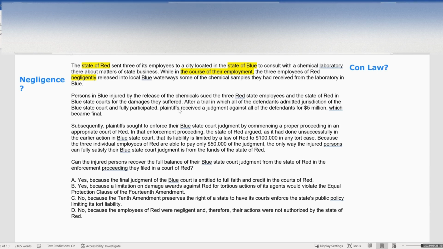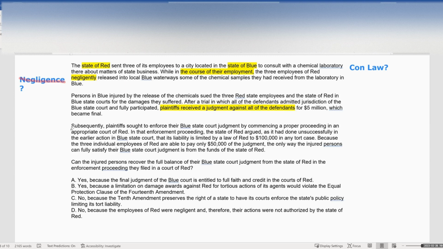At this point, we see that they received the judgment, and we should now think, well, we're not having to analyze negligence anymore because the court has already decided that the plaintiffs won the case.